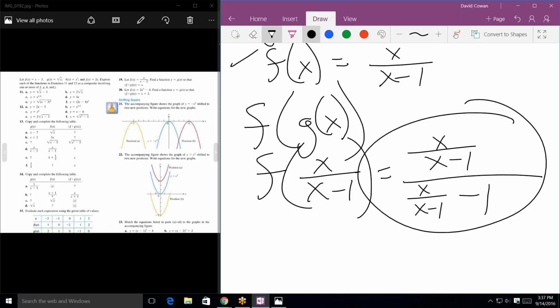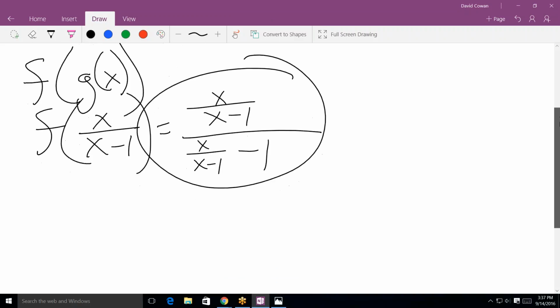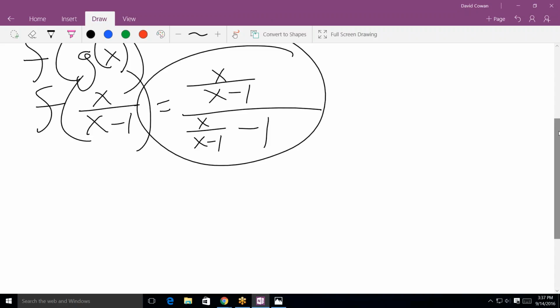Correct. That's our answer. Now, that's not very simplified, so let's simplify that. That's a very complicated quotient, and it certainly is something we can simplify. It's just complicated algebra. Well, the numerator is this.